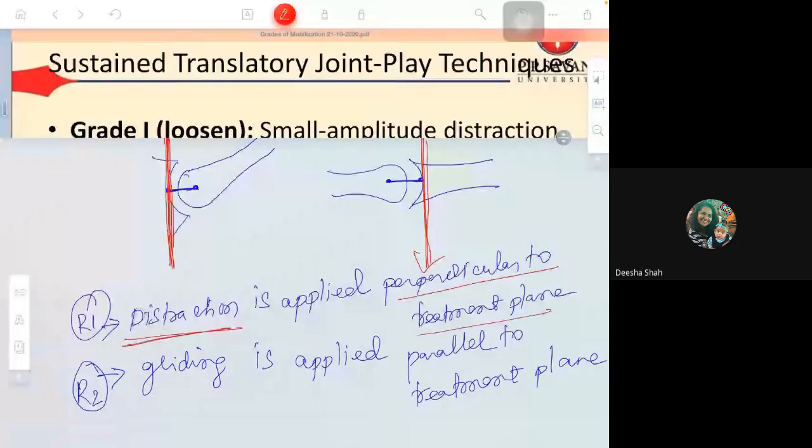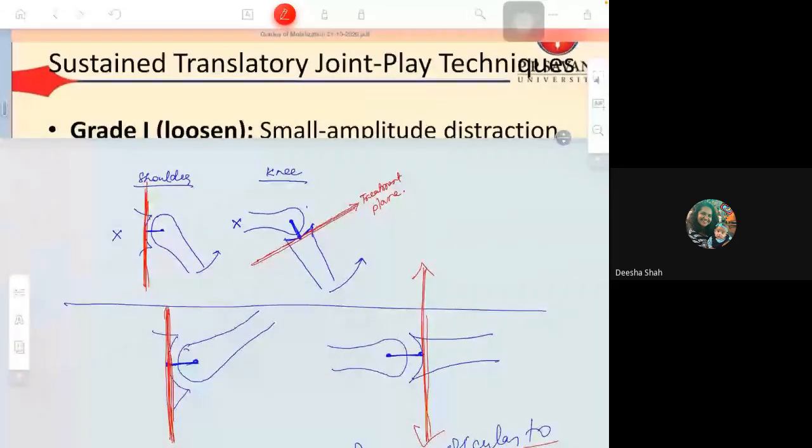Gliding should be applied parallel to the treatment plane. First of all, you should know what is the treatment plane. So now in this diagram, if you apply distraction, if you separate the joint in this direction, it is called distraction. When you glide the joint in this direction, it is called gliding because it is parallel to the treatment plane.